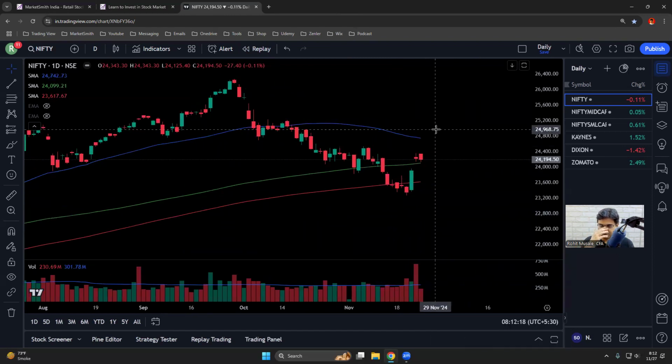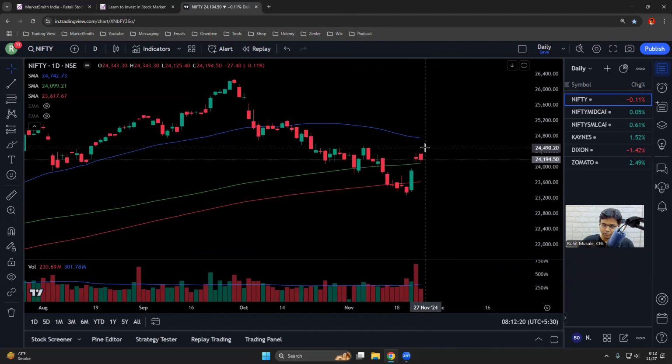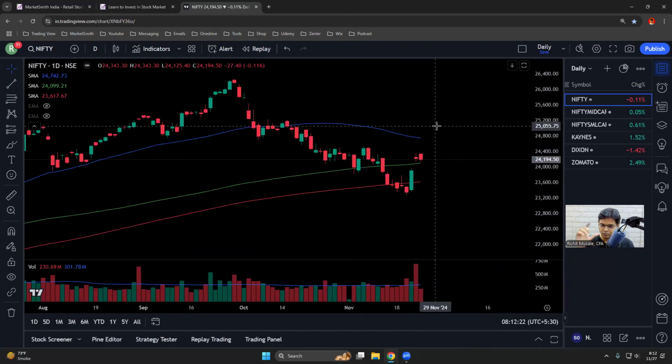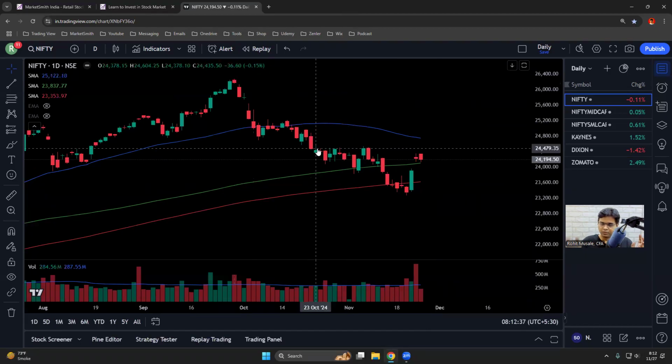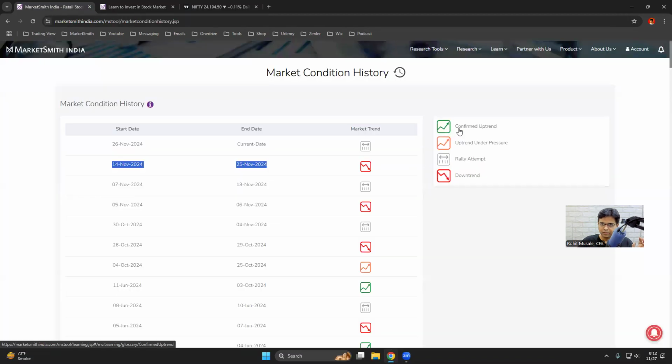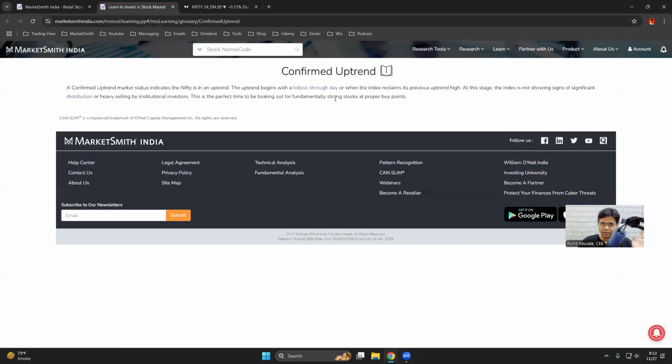Remember that 1.5% day. During those 4 candles, if there is one candle which closes up 1.5% from the previous day close on higher volume than the previous session, that's a follow through day. At least that condition should be satisfied, or this high needs to be taken out. If one of those conditions is satisfied, immediately they will say that the market has gone into a confirmed uptrend. That's what they mean by this statement.